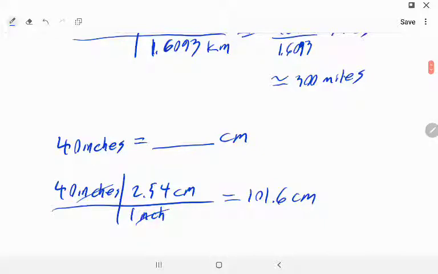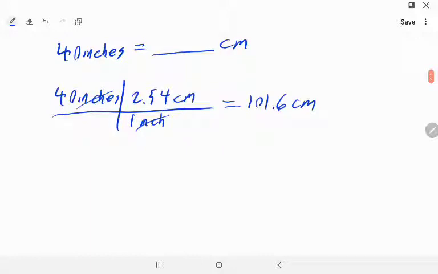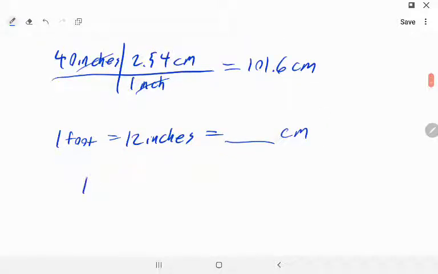Which makes sense. It's actually not a bad idea just to verify. We had said 1 foot was 0.3048 meters. We could check: 1 foot equals 12 inches. So if we want to know how many centimeters there are in 12 inches, we say 12 inches, 1 inch is 2.54 centimeters. The inches go away.